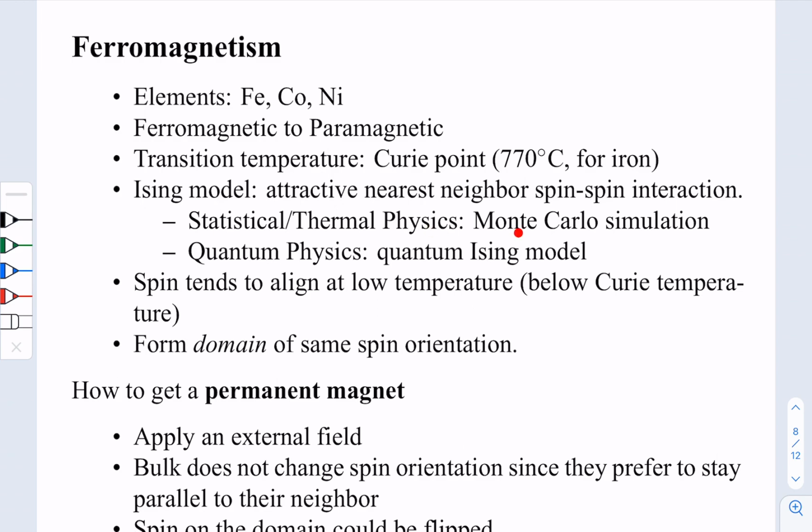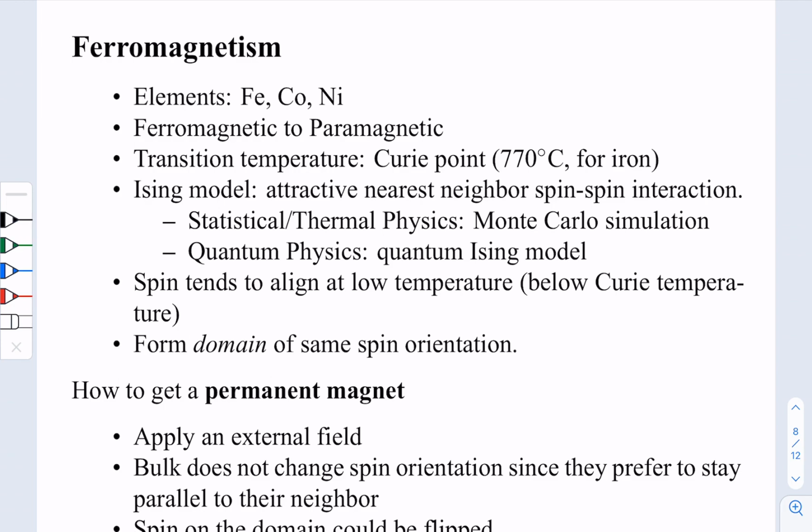So you might need to use Monte Carlo simulations to calculate the problem, and it might also appear in quantum physics, maybe at graduate level. Instead of doing classical spins, you can treat the spins quantum mechanically, to solve the problem at low temperature, and this is called the quantum Ising model, which you might learn about later at graduate level.